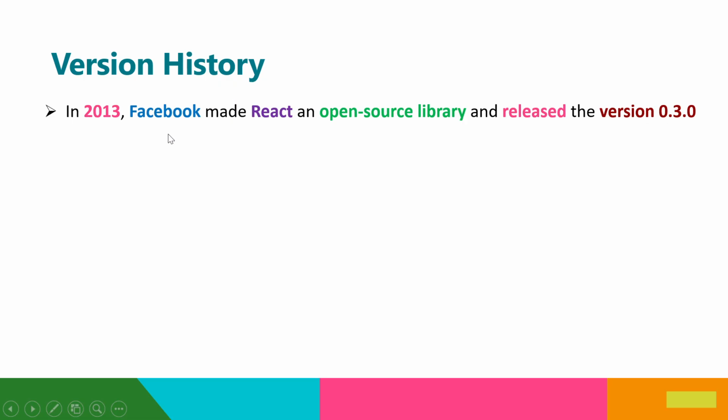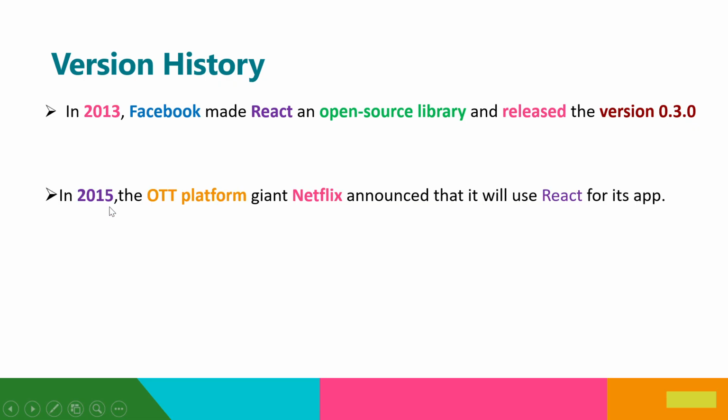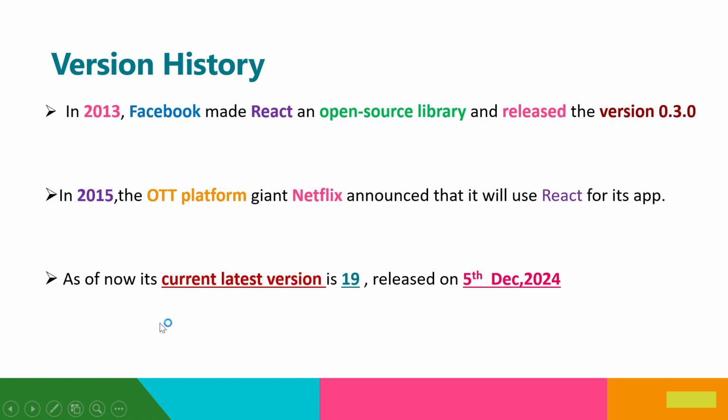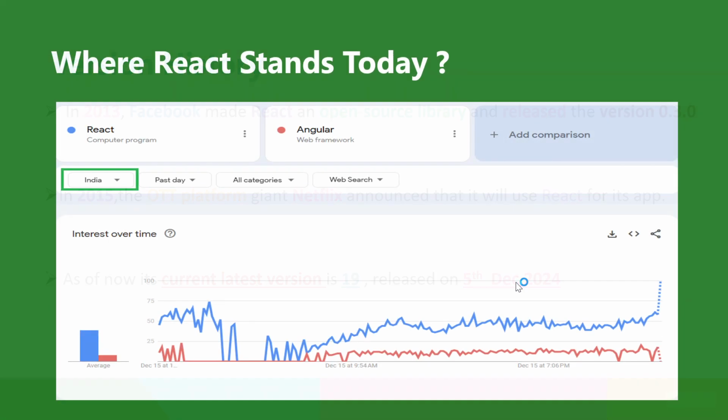In 2013, Facebook made React an open source library and released version 0.3.0. In 2015, the OTT giant Netflix announced that it would use React for its app. As of now, the current latest version is 19, released on the 15th of December 2024.